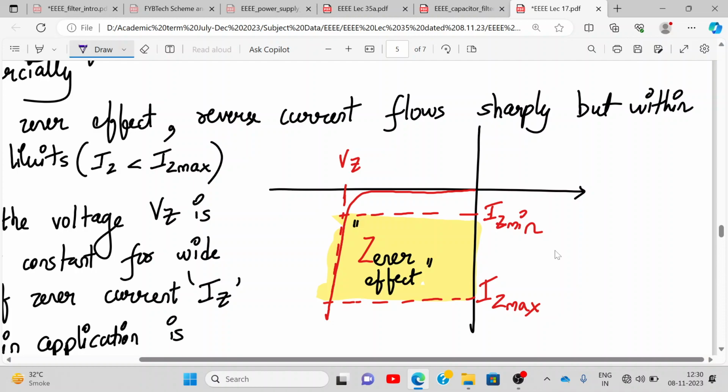So it's always prescribed that when you use a Zener diode, you should be within this limit rating. You should not exceed the limit rating. You will get this information, IZ minimum, IZ max, VZ, from the data sheet of the Zener diode. And do you see one more thing over here, that the Zener voltage is constant in the reverse bias, right?